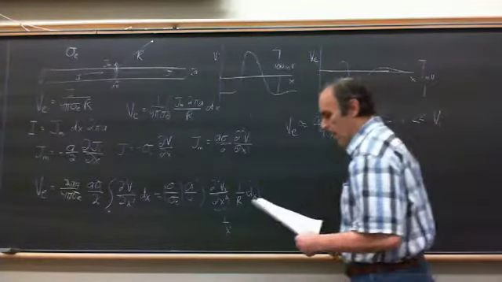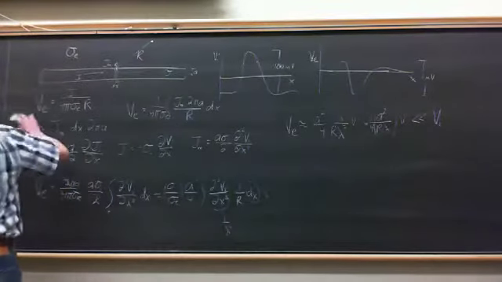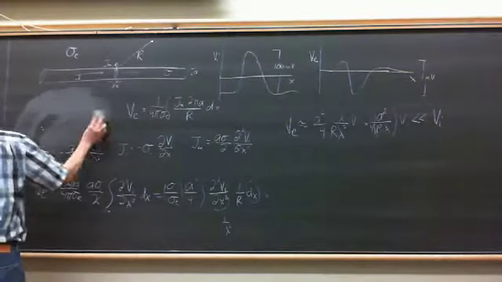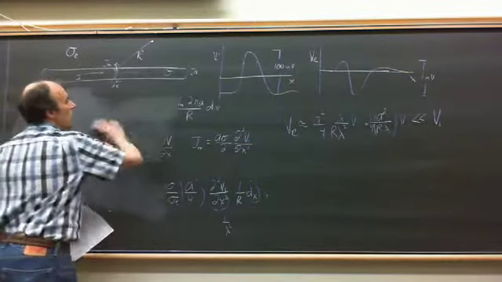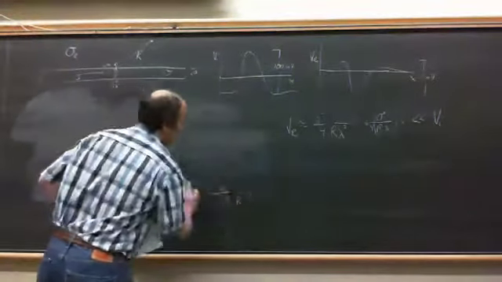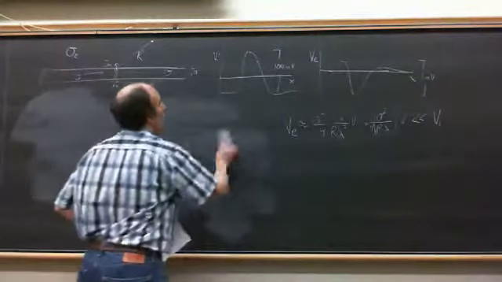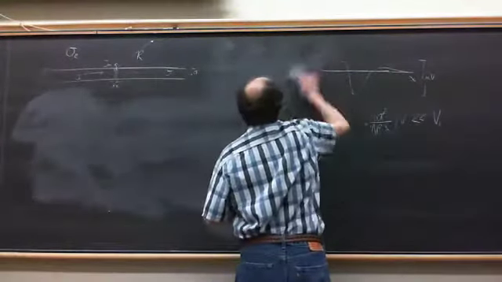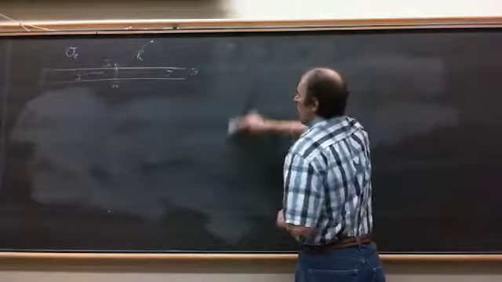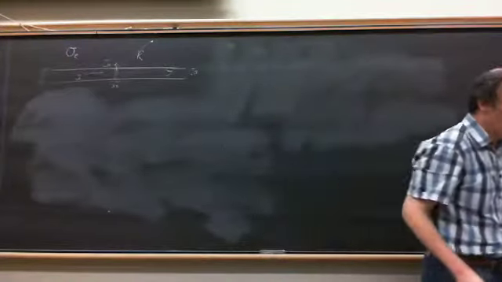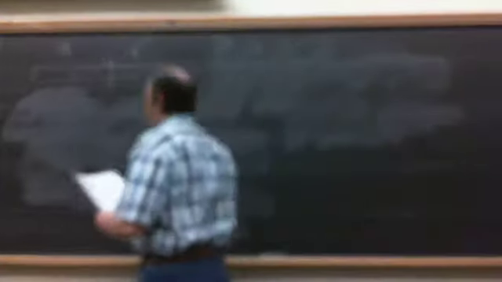What I want to do now is a problem from the book. So I'll keep that picture there. Erase this. Now, this is going to be a sort of a gross simplification. This is problem 7.2.